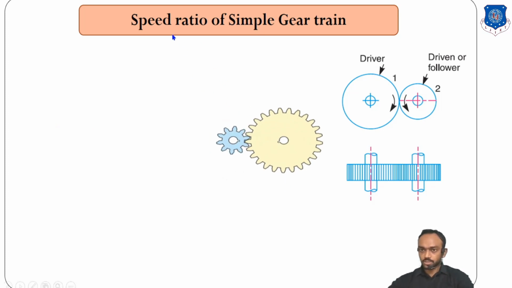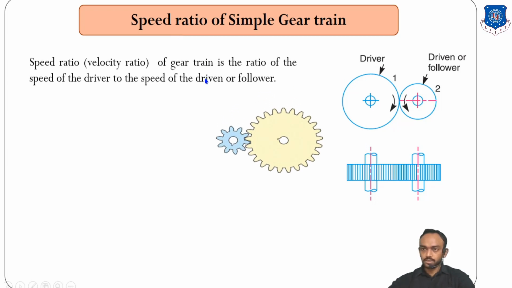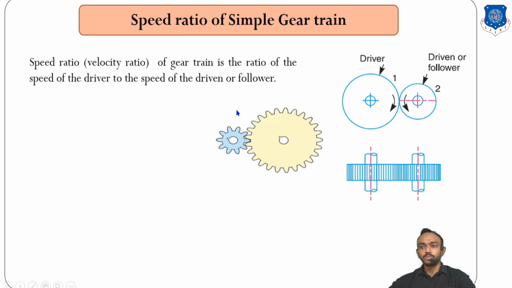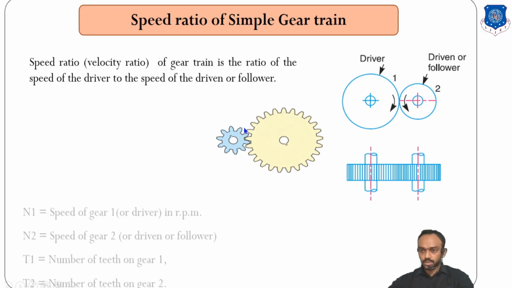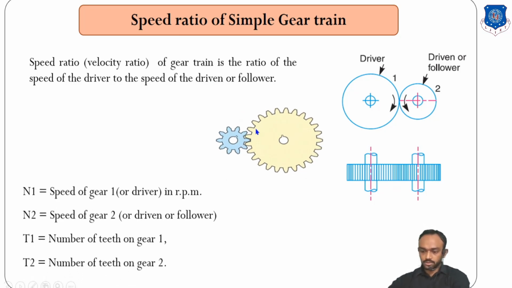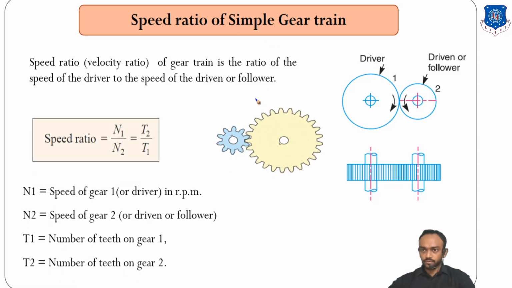So first of all, what is the speed ratio? Speed ratio is just the ratio of the speed of the driver to the speed of the driven. You can check this relation. If I know the number of teeth of both gears, this is the ratio which will be helpful for finding the speed of the driven. How? Check this.